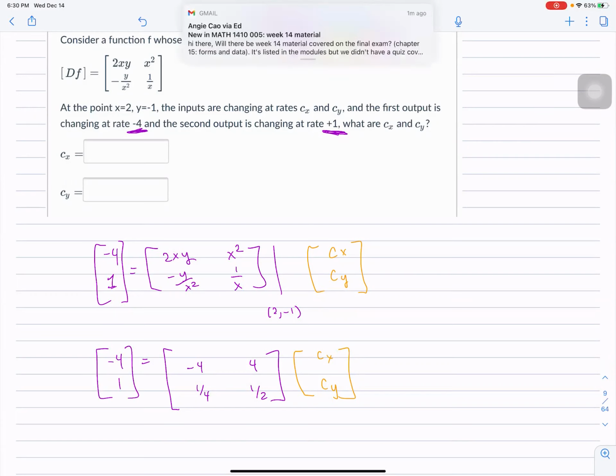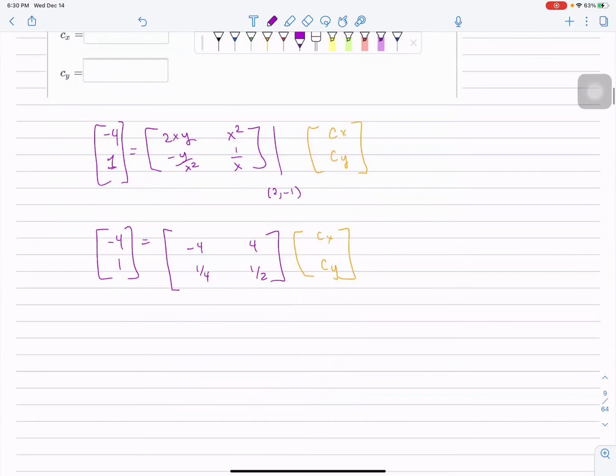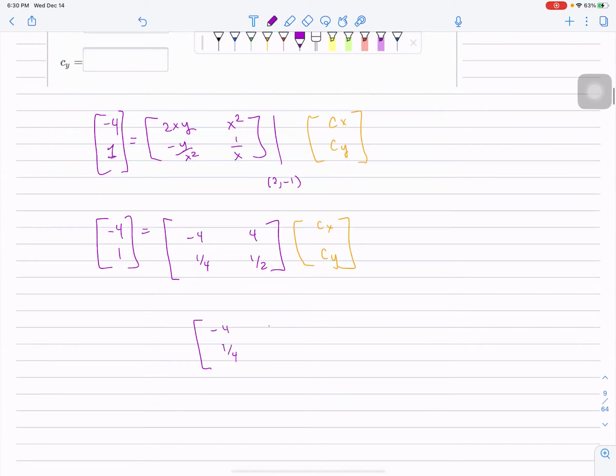This is an Ax = b problem. So I could either take the inverse or I could do row reduction. Let me do a row reduction to change things up. So I make a big augmented matrix: -4, 1/4, 4, 1/2, and I write my ending vector here. And if I row reduce, I'll get my answer.